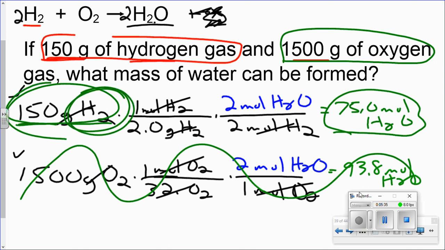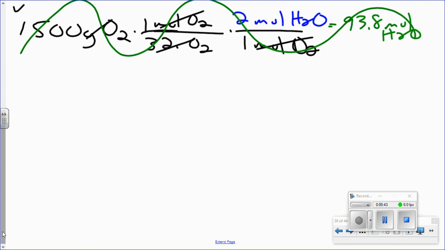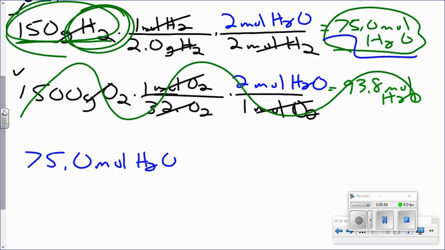The next question might be, how much, and this one says, what mass of water can be formed? Let's take our 75 moles of water, because that again leads to all of our answers. I know that 1 mole of water, you're back to 1 mole.